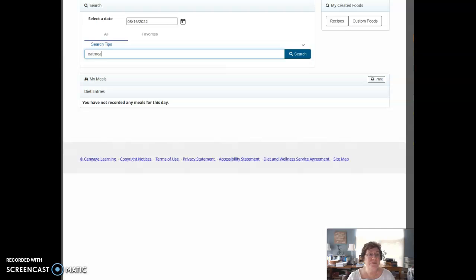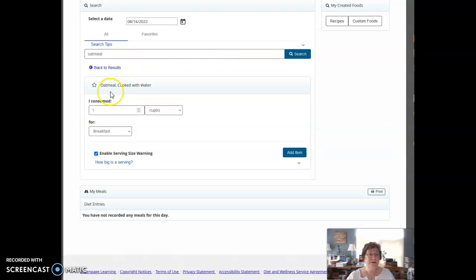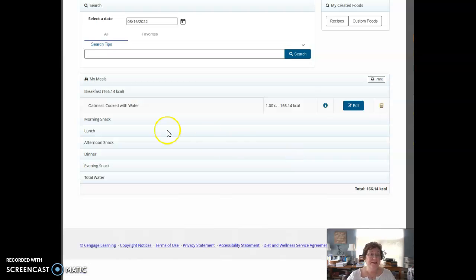So let's say oatmeal. We search for the food item. Let's go with this first one. We also have to determine the portion size. What meal did she eat it at? Typically a breakfast, but you will want to check that when you're adding a full day's intake. And then we add the item.